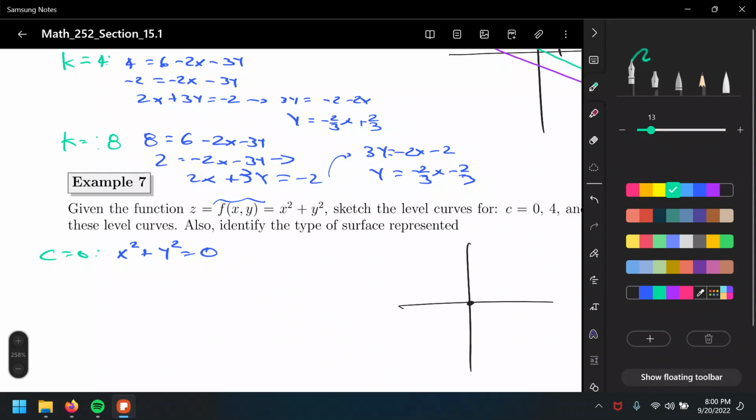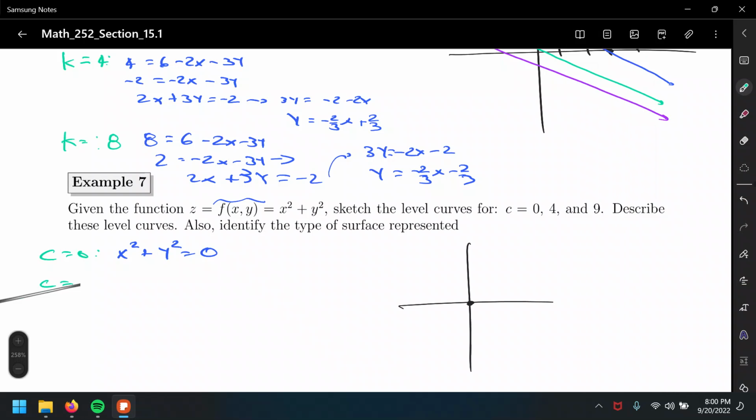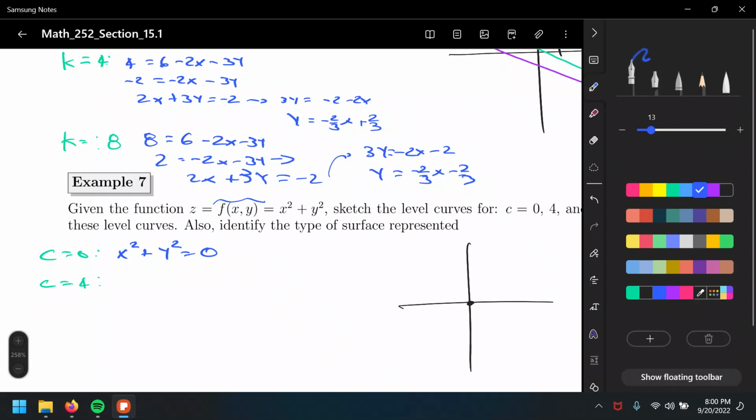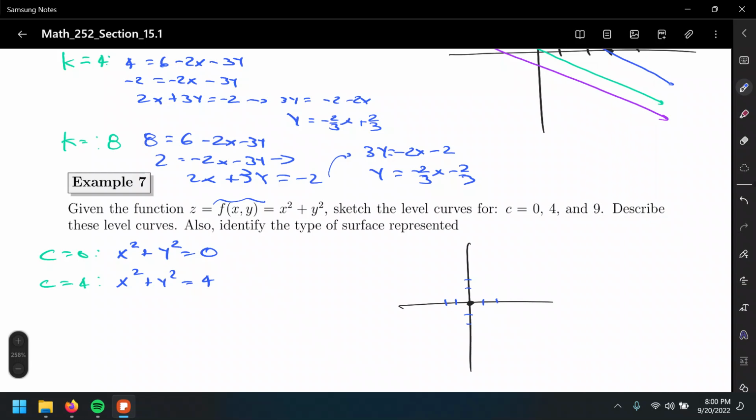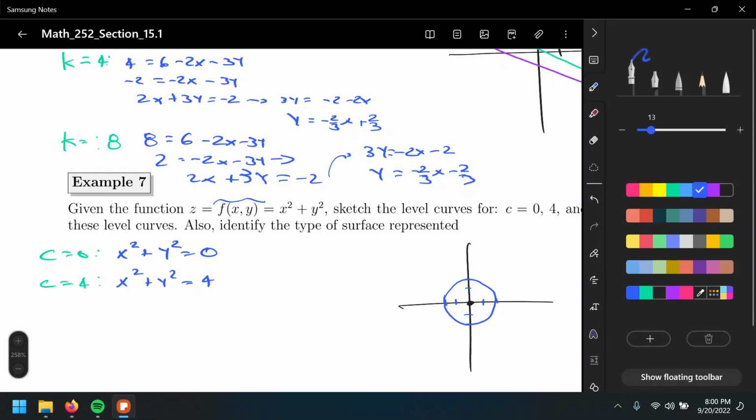For c equals 4, that's x squared plus y squared equals 4. What's that? That's a circle. And what's the radius of that circle? 2. So 1, 2, 1, 2, 1, 2, 1, 2. And let's draw the circle. Let's do the next one.